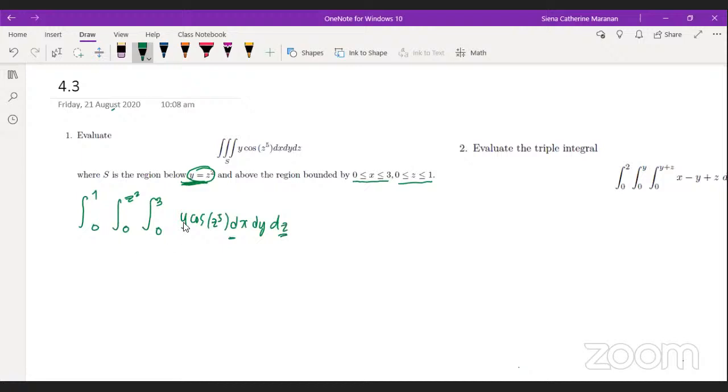So, pwede na natin siyang evaluate since kompleto na, nasulat na natin siya in its iterative form. So paano tayo mag-evaluate? Similar with the double integral, unahin natin yung nasa loob. We evaluate this integral with respect to x. Sulat lang natin yung ibang hindi pa natin gagalawin.